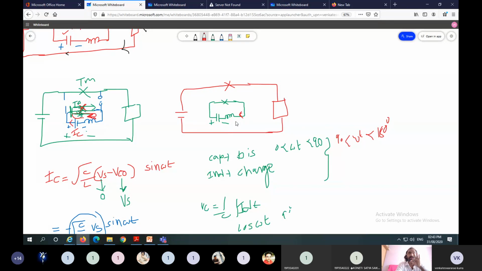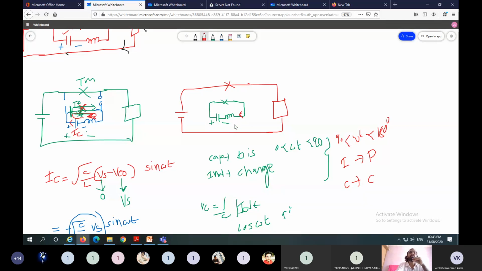Up to 90 degrees, the capacitor completely discharges and there is no voltage across it. Now the inductor starts discharging from 90 to 180 degrees and the capacitor starts charging.